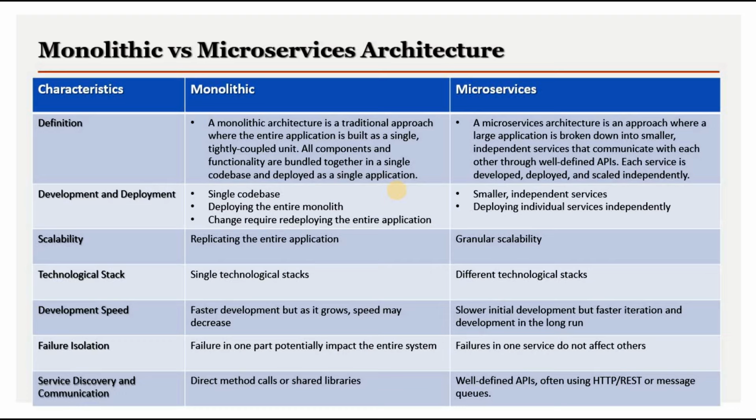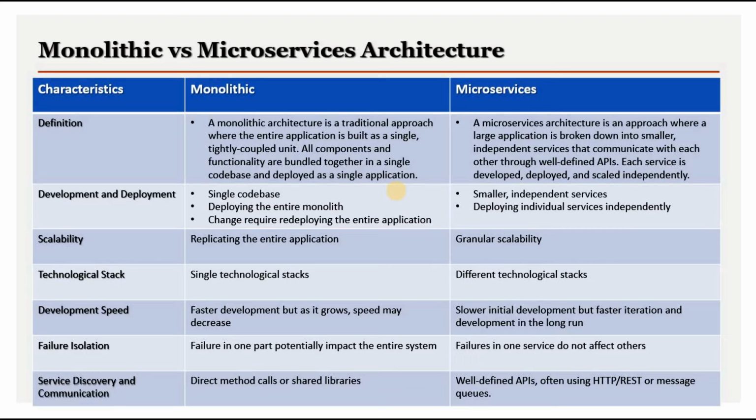If I go to the next comparison, we have development and deployment. In the monolithic architecture, developers work within a single code base, making it easier to understand the entire application. And in the case of microservices, developers work on smaller independent services, allowing for greater agility and parallel development. Now deployment involves deploying the entire monolithic application, and any changes may require redeploying the entire application.